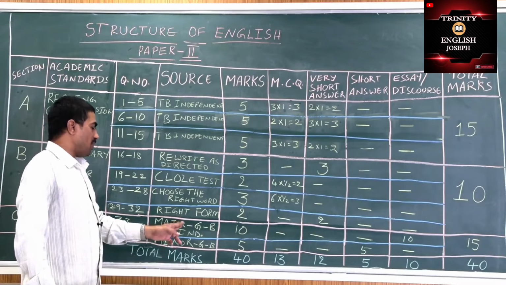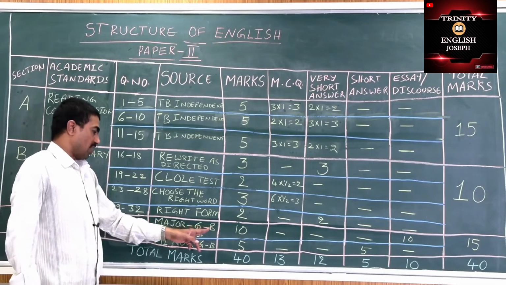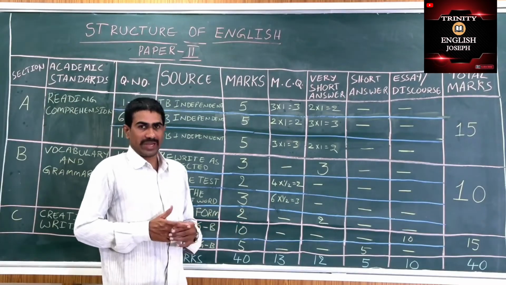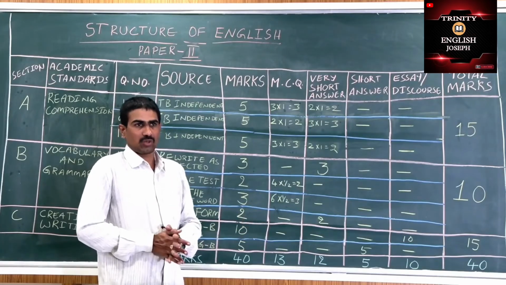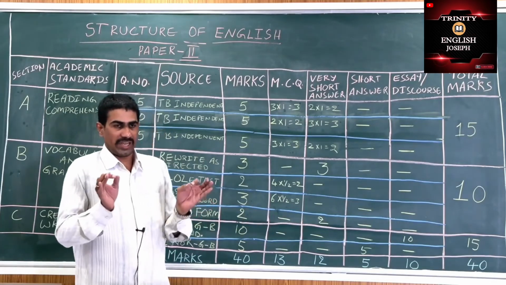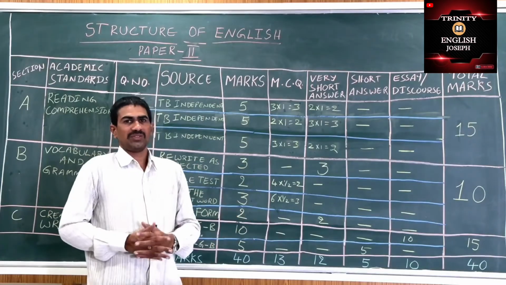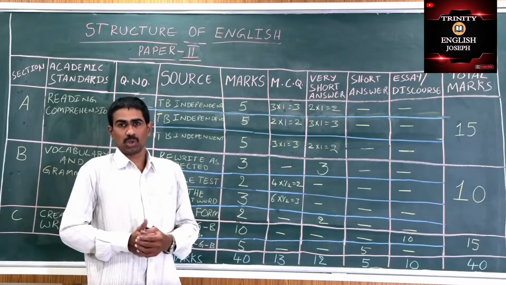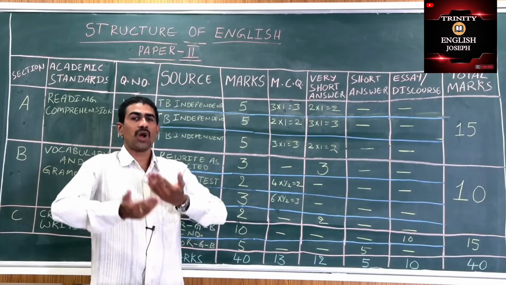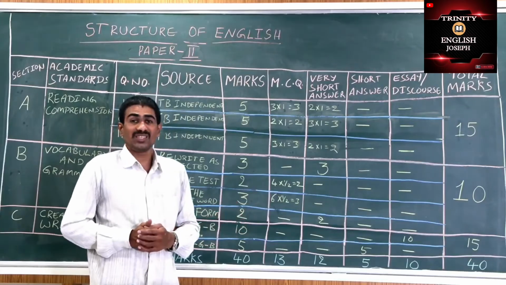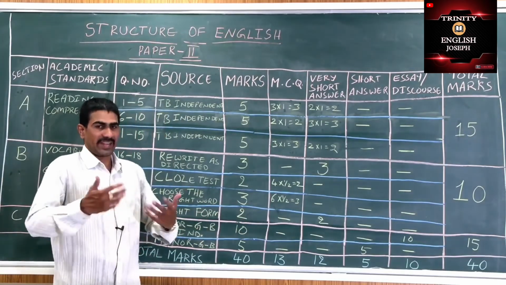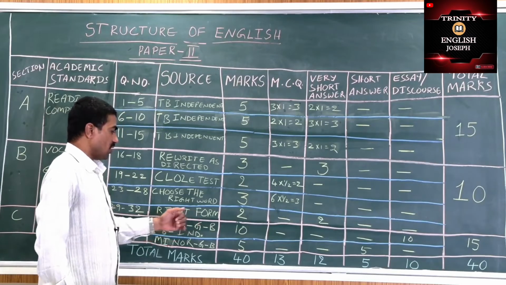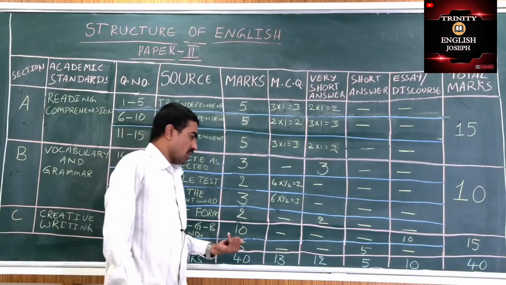So please keep in mind that major discourses group B is taken, and this is text independent; nothing is related to the textbook. It is asked from outside the textbook, and if the students are really aware of the present happenings, the situations and the burning issues, they can easily attempt all these essays, and you can also complete this group B major discourse.